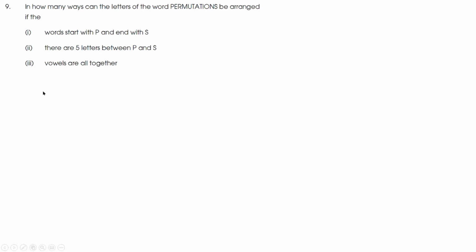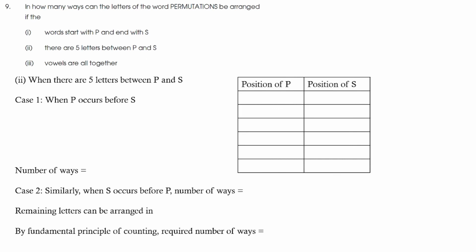The next subdivision, there are 5 letters between P and S. Now, when there are 5 letters between P and S, if P occurs before S, say for example, if P is the first letter, then after P there are 5 letters, and after that we have S. So the position of S will be 7th.